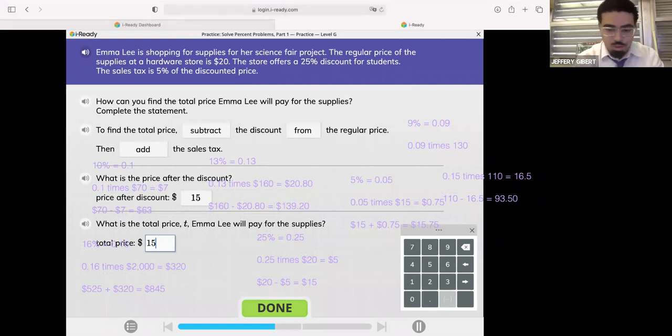Could you just do that mentally in your head? $15 and 75 cents.